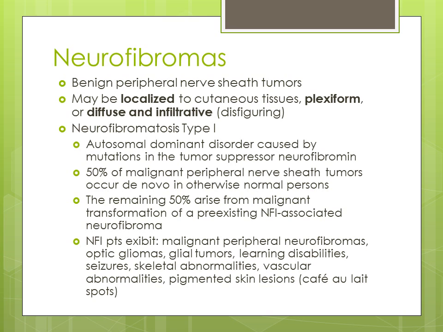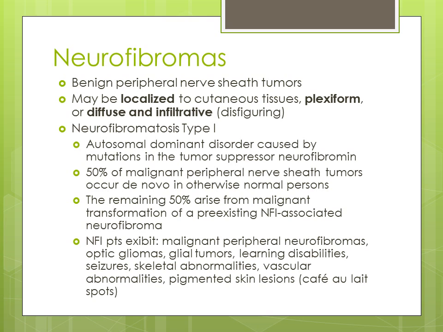There's a hereditary condition, an autosomal dominant disorder called neurofibromatosis type 1. This is caused by mutations in the tumor suppressor gene neurofibromin. And basically, about 50% of the cases of people who have neurofibromatosis will have malignant transformation from a neurofibroma that they have.